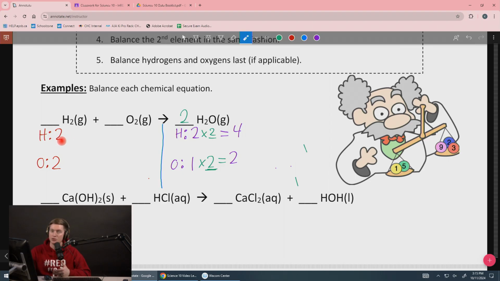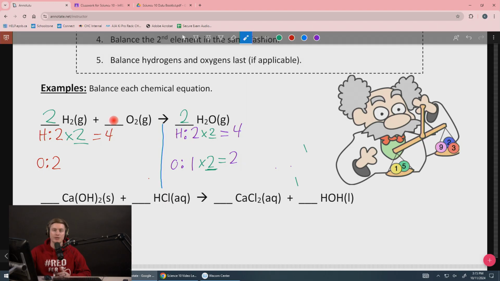I started with 2, I need to get to 4. So I can multiply this by 2. That 2 that I multiply by has to become a coefficient. So 2 moles of hydrogen react with 1 mole of oxygen to give me 2 moles of water.